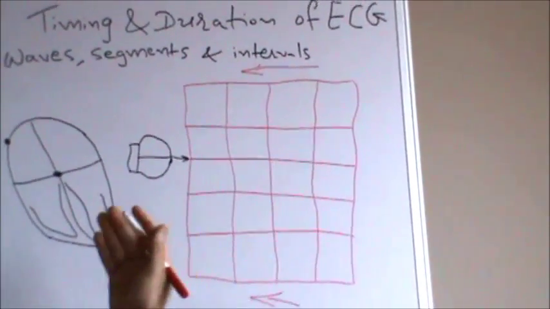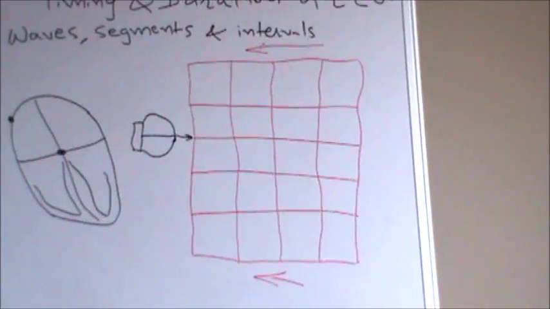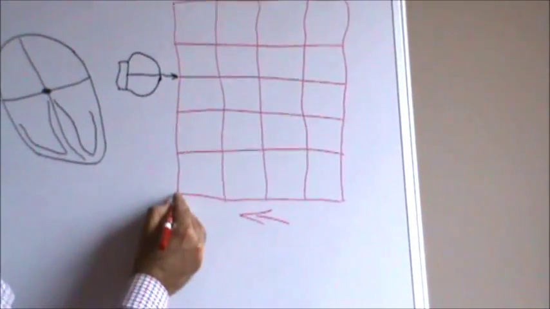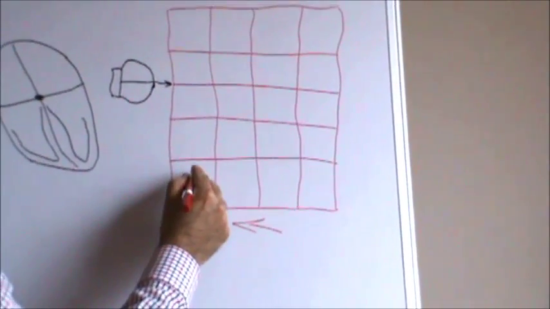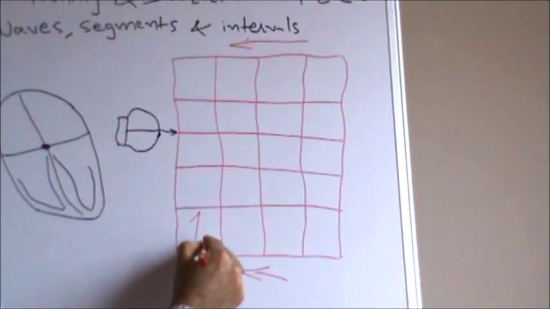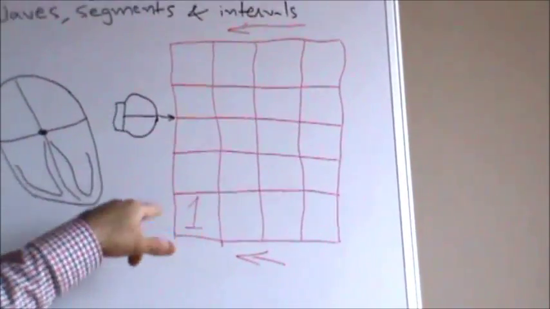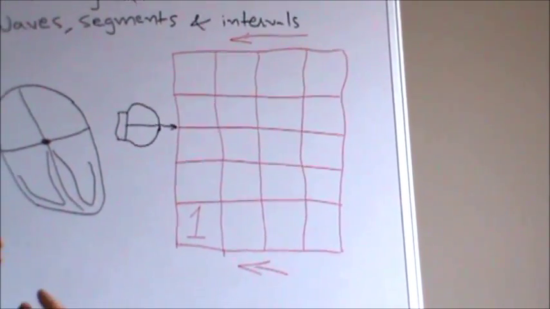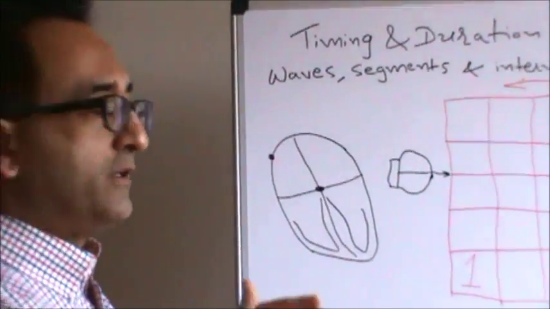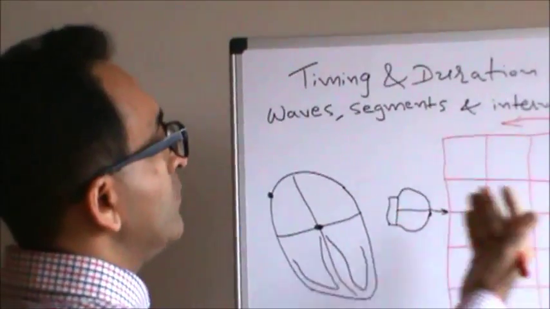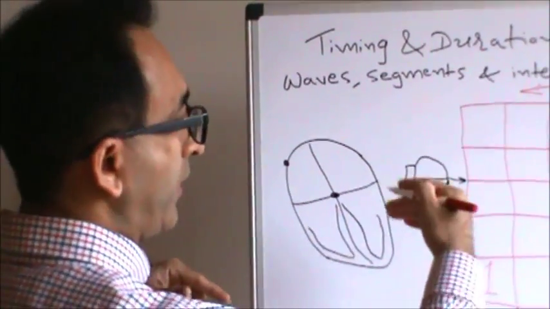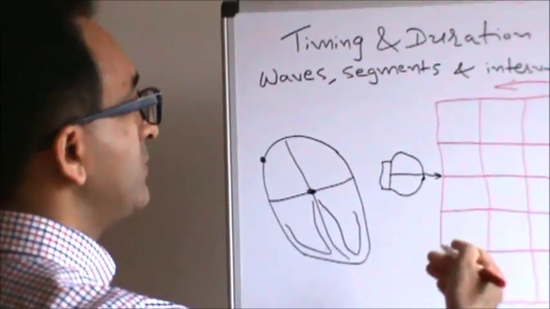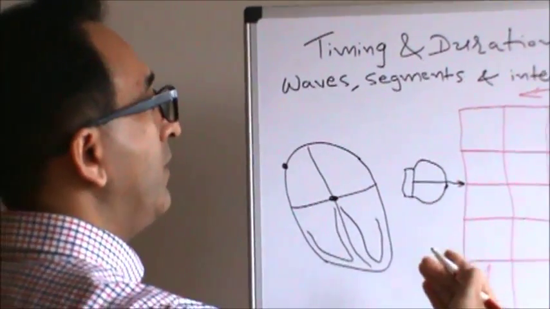It moves at a certain speed, and this is like one big square. So this big square, if the ECG paper is properly calibrated, the way it moves, and here there is an ink, so the needle will keep on recording those waves, segments and intervals on the ECG paper.